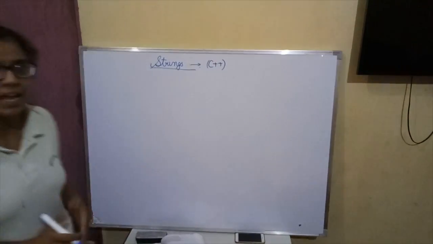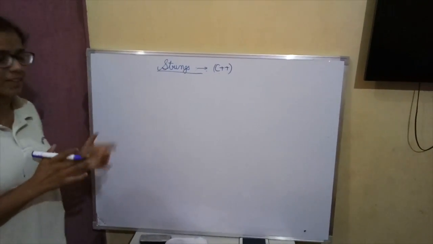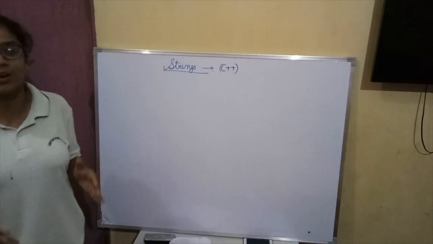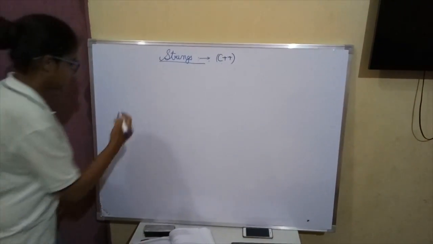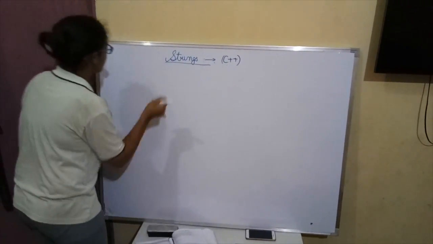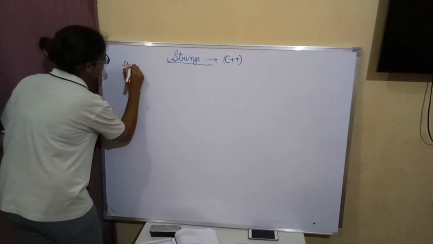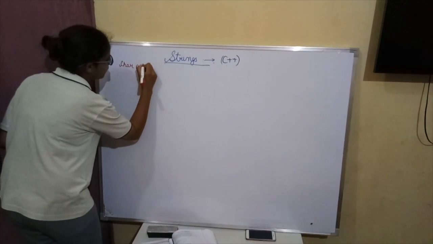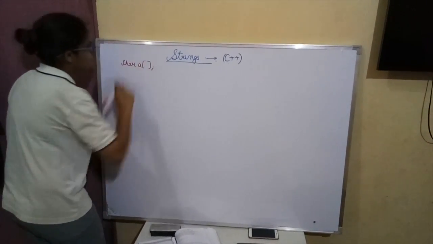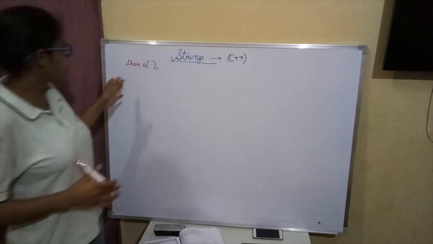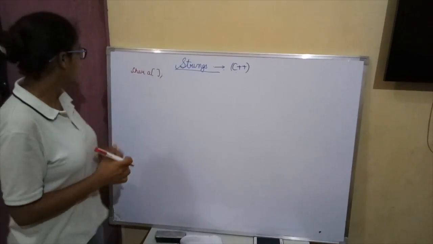So let's have a look at the declaration of the string, or array of characters, so as to store the string. Here's what we do to declare the array: char A. Before we proceed, first have a look at what we have done.